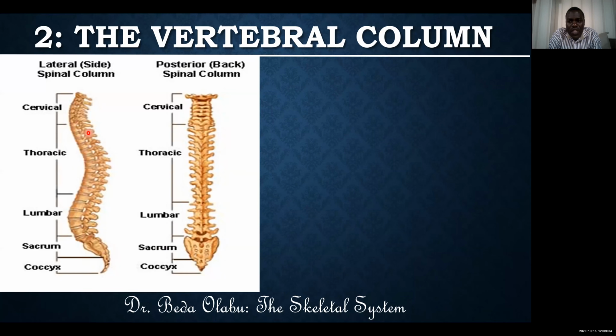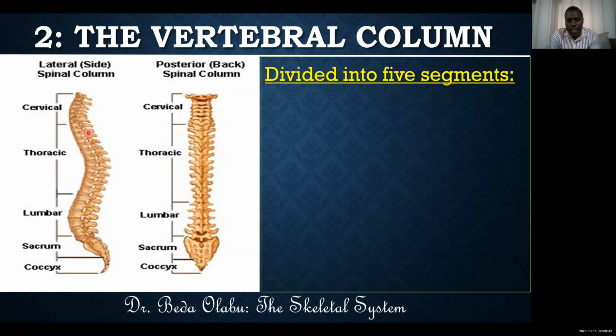So there are several vertebrae in the vertebral column, a total of 33 vertebrae. These 33 vertebrae are divided into segments. We have 5 segments of the vertebral column.